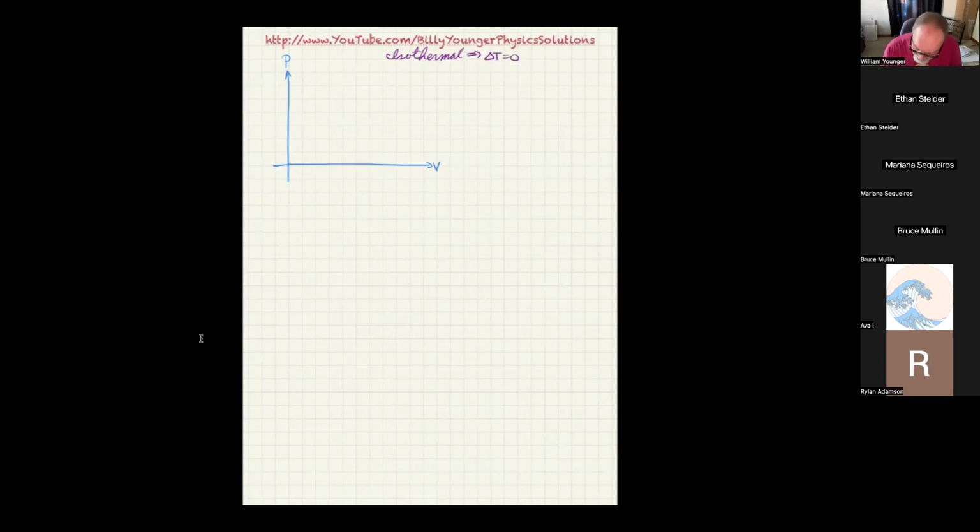Now, if you look at a PV diagram, it looks something like this. Then you could find another one. This is at temperature T1. And then you could find another one that looks like this, and this is at temperature T2, which is greater than T1.